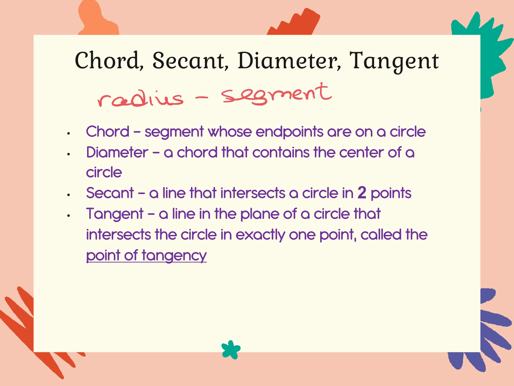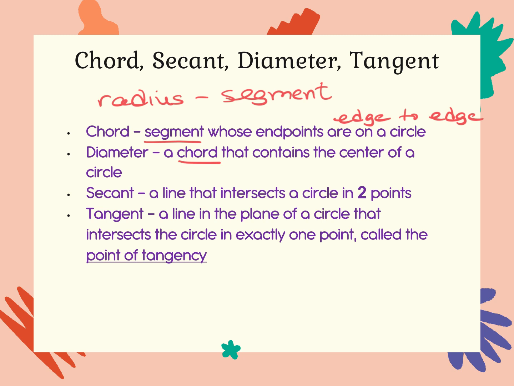So a chord is a segment whose endpoints are on a circle. What it does is go from one edge of the circle to the other edge. So it goes straight across.